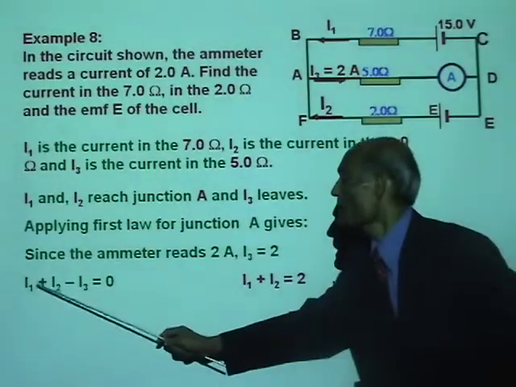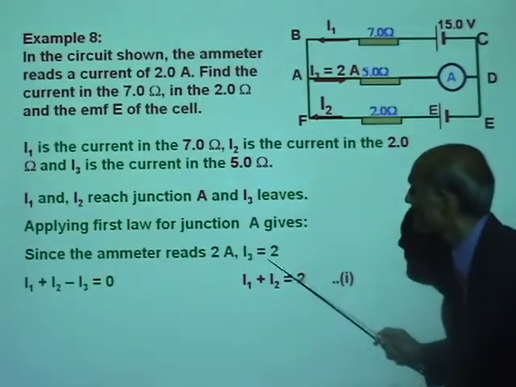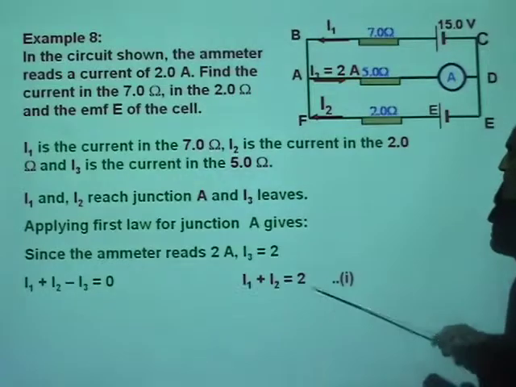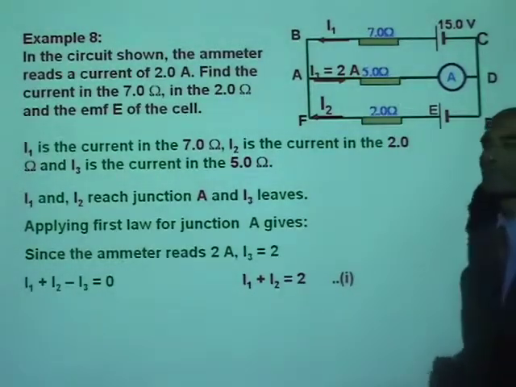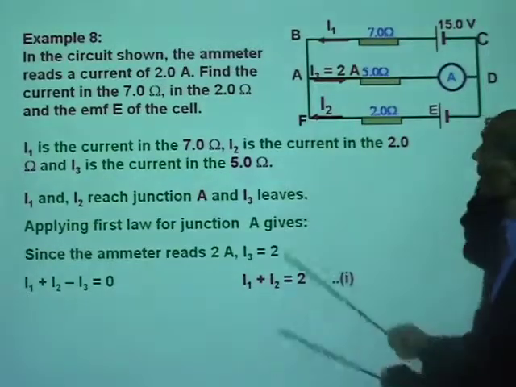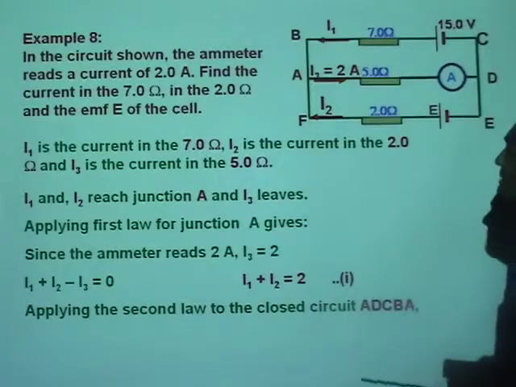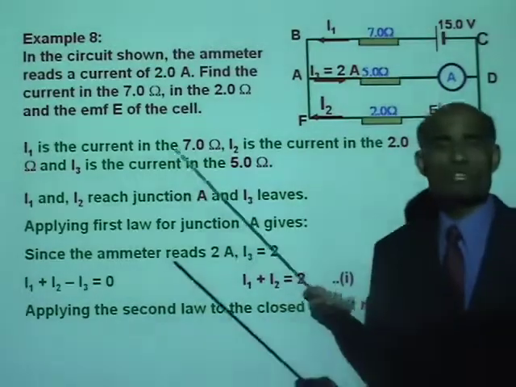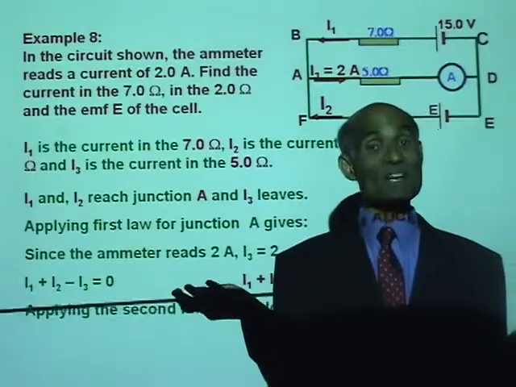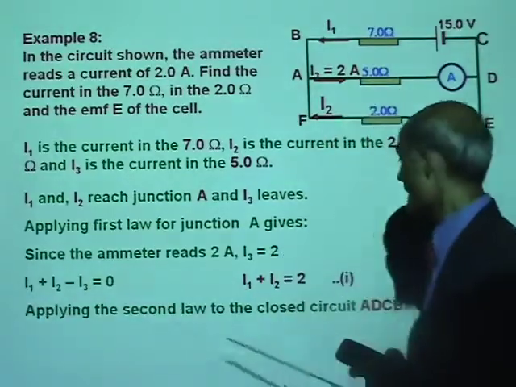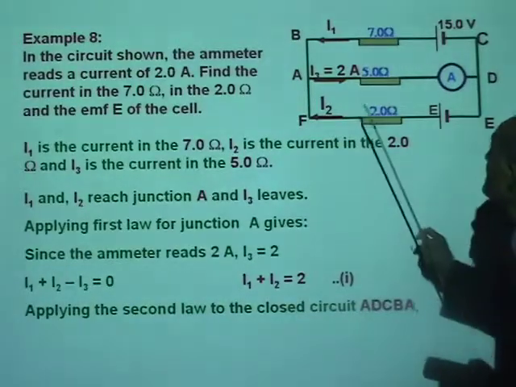That means I1 plus I2 equal to I3, and I3 equal to 2. So we produced our first equation, I1 plus I2 equal to 2. Now let's obtain the second equation. You can choose any of the closed loops to apply the second law. I have chosen the loop ADCBA.